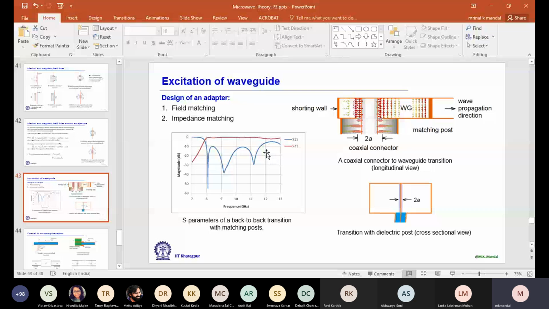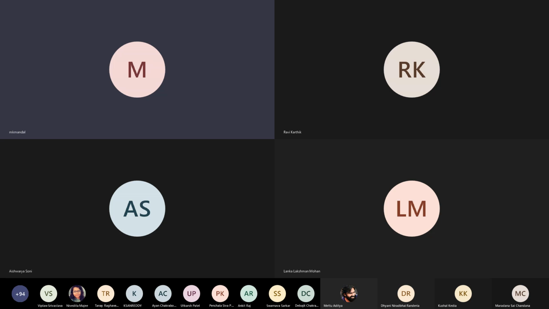One example we discussed. So we are discussing mode matching.